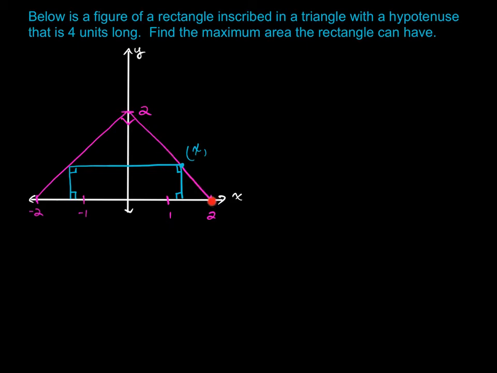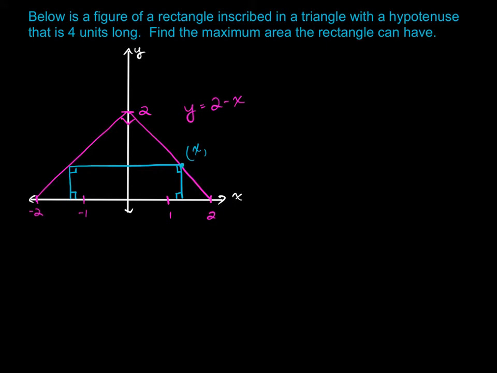And in fact, even better, the equation of this line is y equals 2 minus x. That's a slope of -1 with a y-intercept of 2. Then we can figure out what the y-coordinate of this should be.